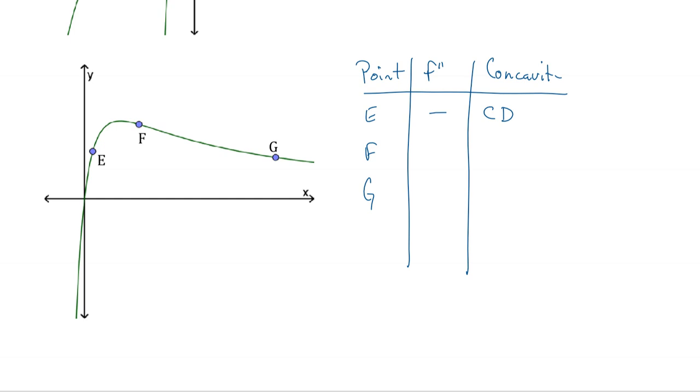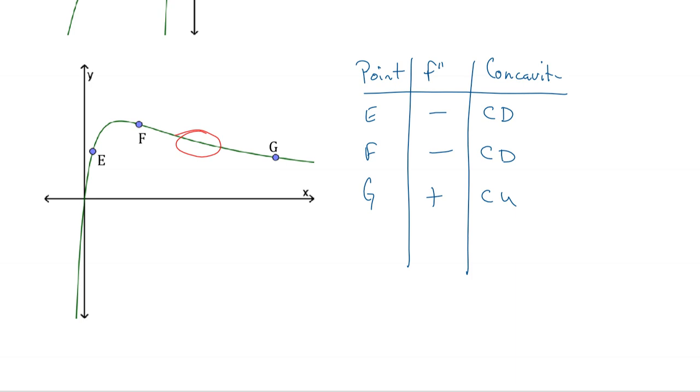Down. Point F is still down. But what about point G? That one is up. So again, somewhere in here, it's changing from up to down. From down to up, I should say.